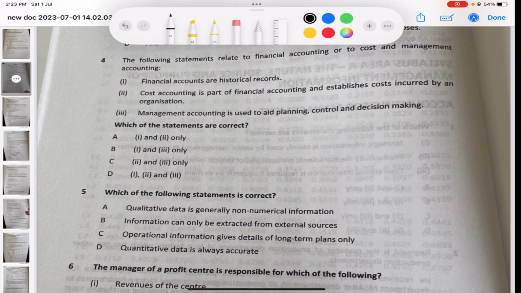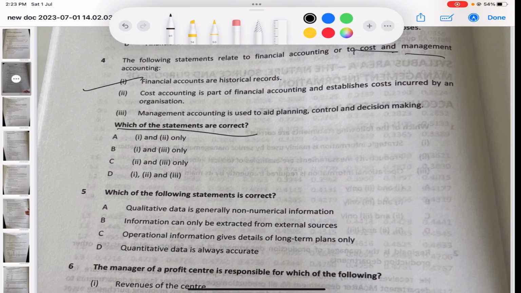The following statements relate to financial accounting or to cost and management accounting. And when I am talking about cost and management accounting, you need to know that it's one and the same thing. So, what statements are correct? Financial accounts are historical record, correct. Cost accounting is a part of financial accounting and establishes costs incurred by an organization. Think about it again.